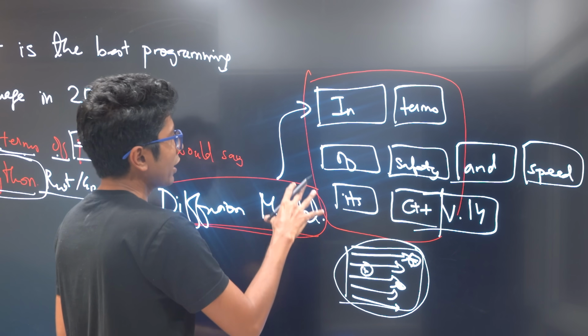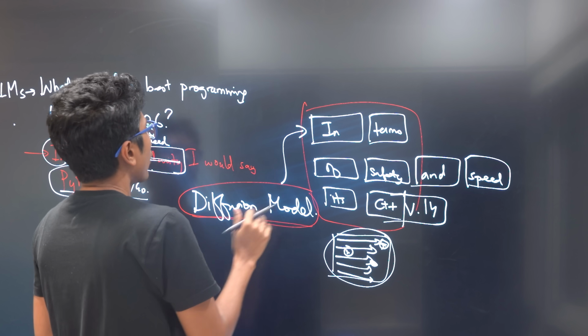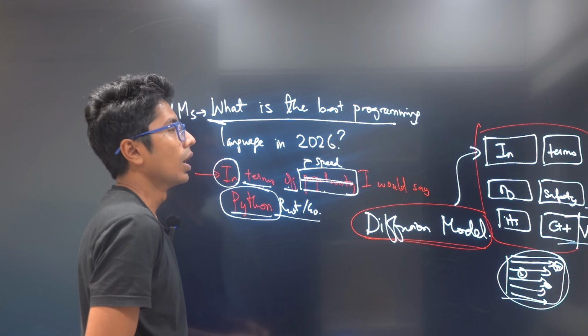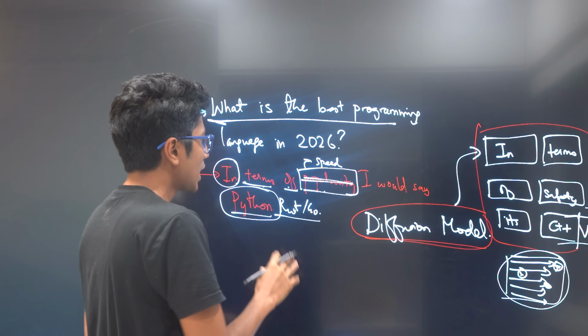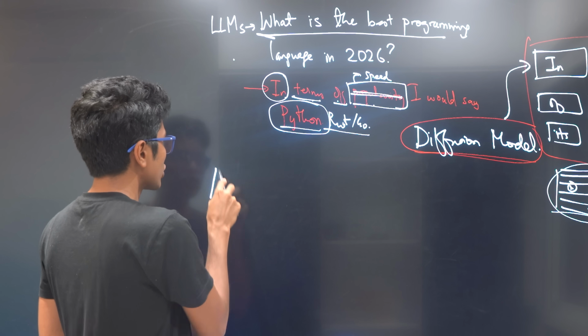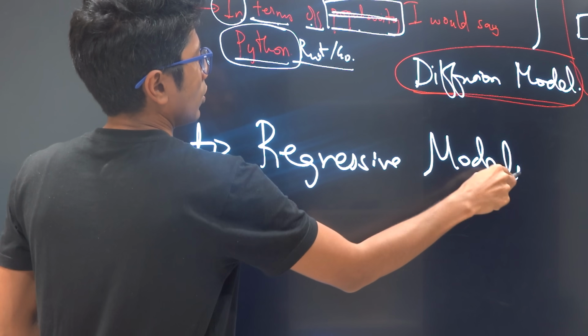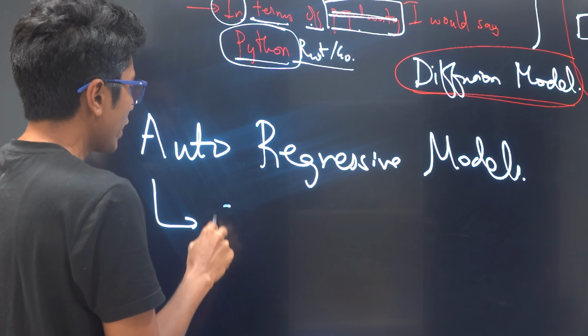Okay, so this is the behavior of a diffusion-based model, but why is it getting so popular? Is it really better than a large language model? In many cases, no. Large language models or autoregressive models especially have the benefit that they require lesser compute.